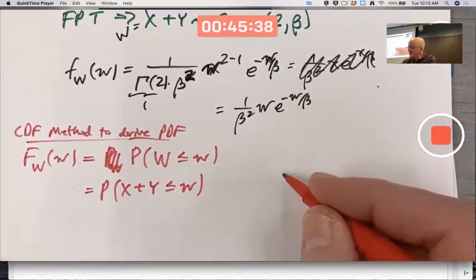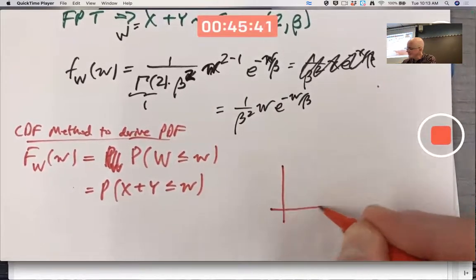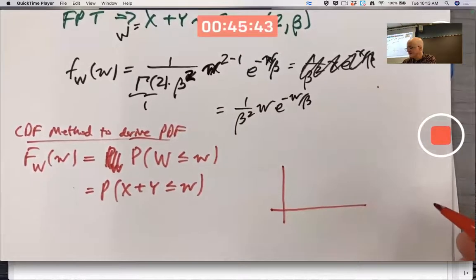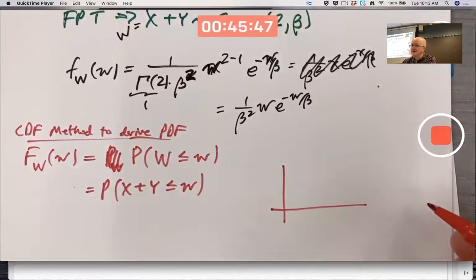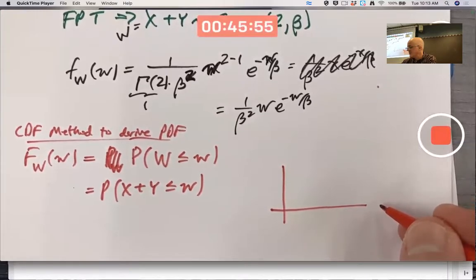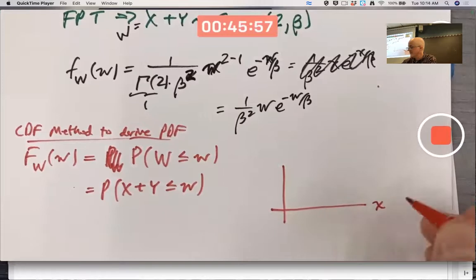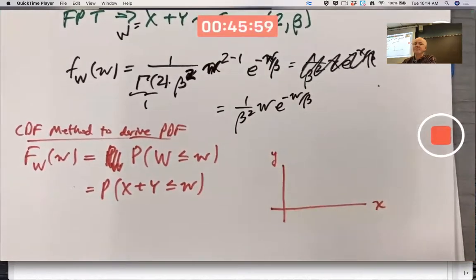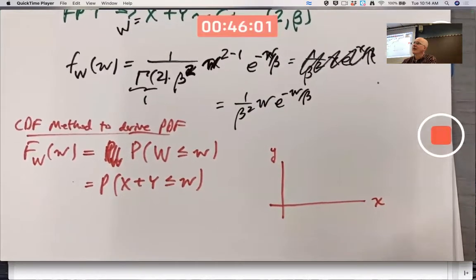But it's still going to be useful to think about areas, or at least shading regions. Draw a plane. Should I label the axes with capital letters or lowercase? Probably it's more traditional to use lowercase. What I need is the joint distribution of x and y.